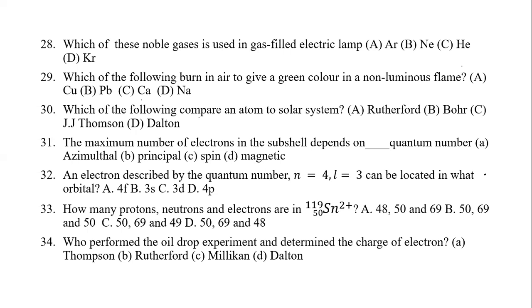Question 28 says, which of the following noble gases is used in gas-filled electric lamp? If you have watched my previous video, I told you that krypton is used in aerodrome light.